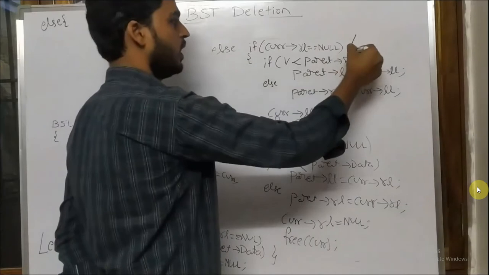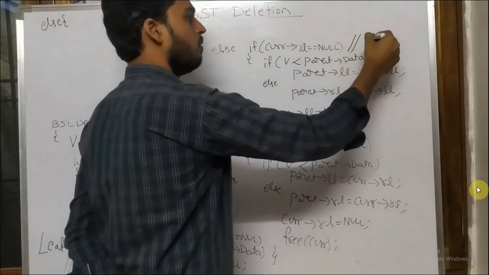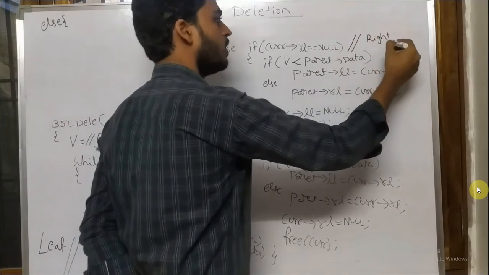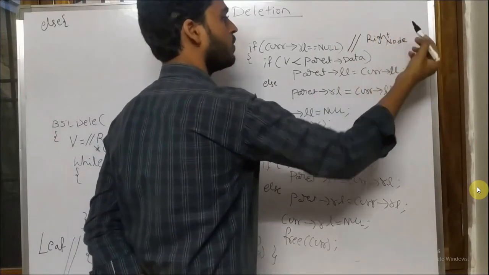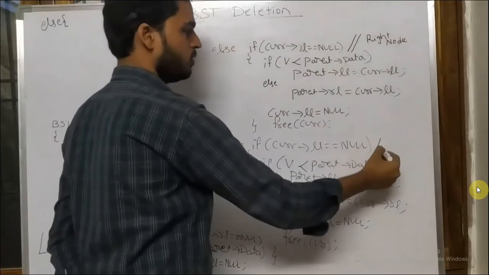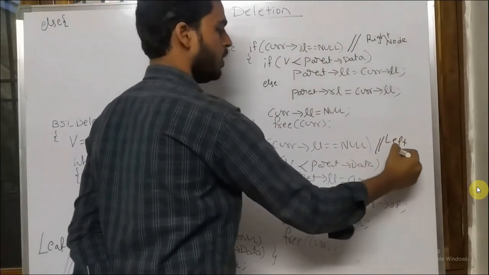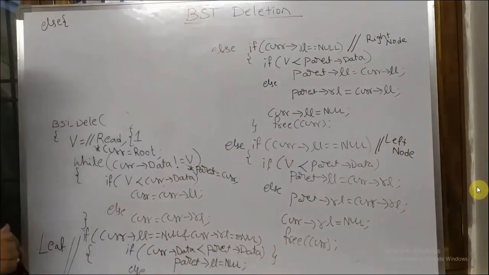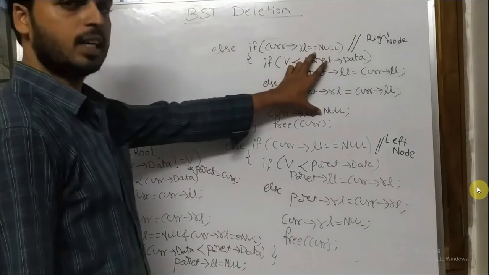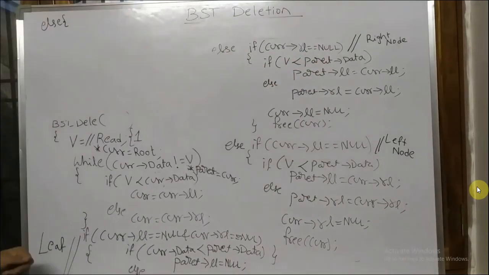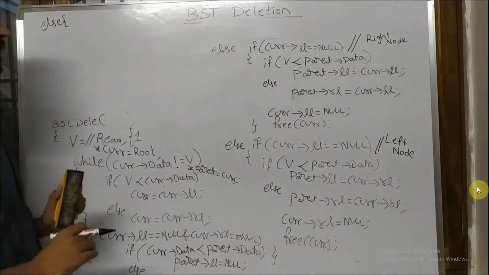This condition is to check whether the right node exists or not. If the right node does not exist, it's going to execute this condition. This code is for whether the left side node exists or not. If the left side node does not exist, it's going to execute this condition. If it is not a leaf node, if it is not having a single right side, if it is not having a single left side, then obviously it comes here. That is, it is having two children.